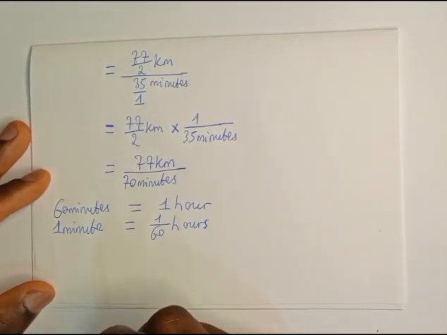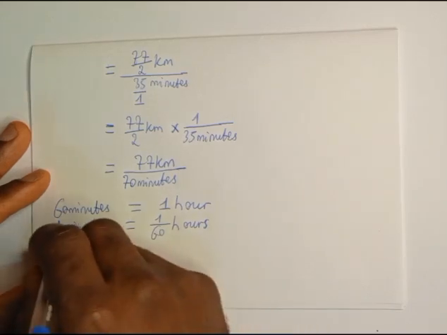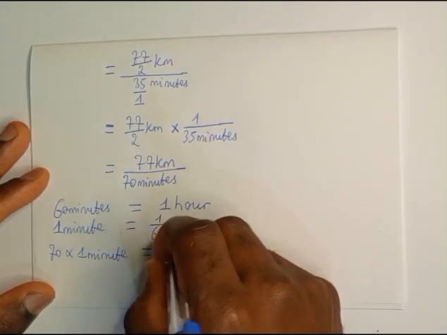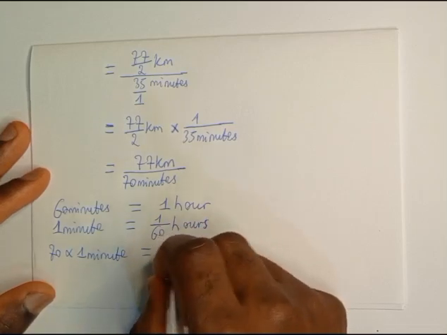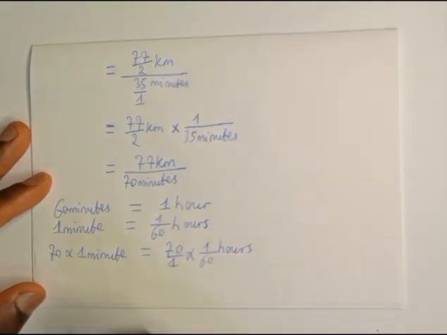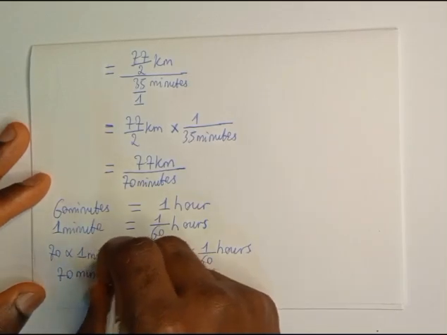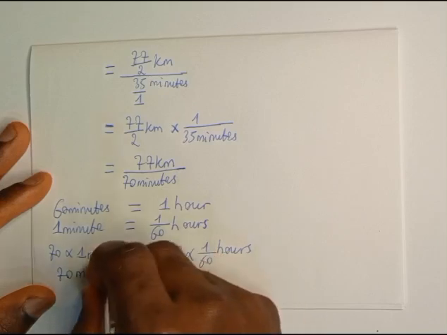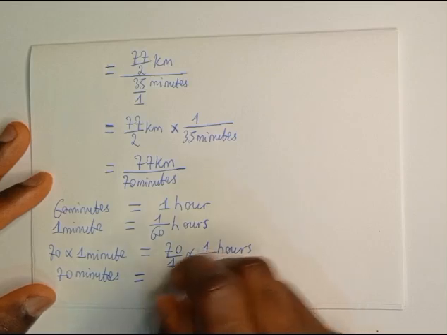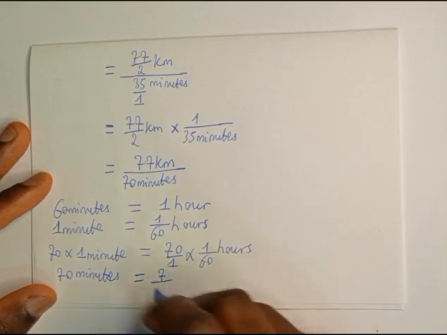If we multiply both sides by 70, because we have to convert 70 minutes to hours, 70 times 1 minute will be equal to 70, which can be written as 70 over 1 times 1 all over 60 hours. 70 times 1 minute gives us 70 minutes, to be equal to 70 divided by 10 gives us 7. 7 times 1 remains 7 all over 60 divided by 10 gives 6. 6 times 1 remains 6.